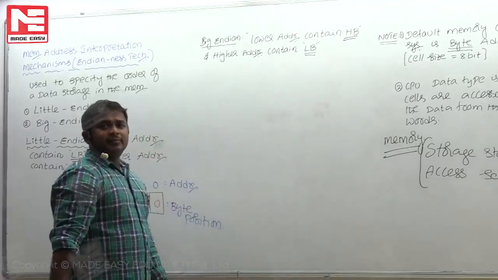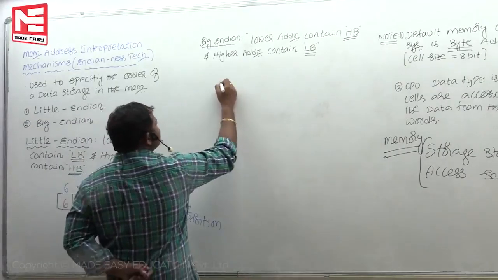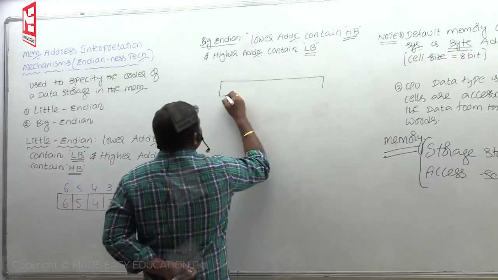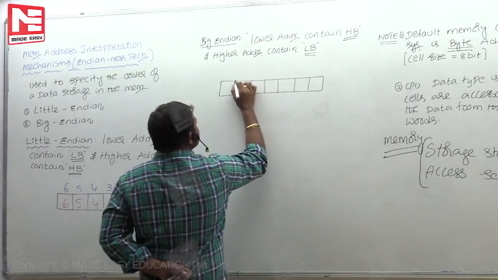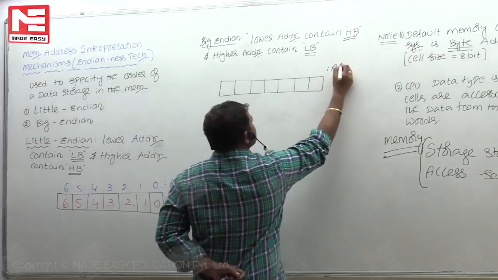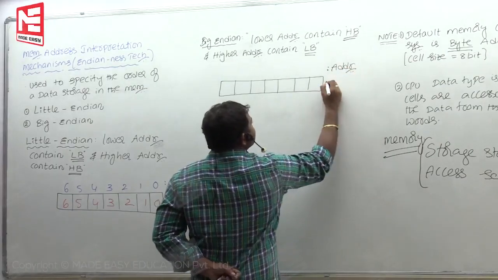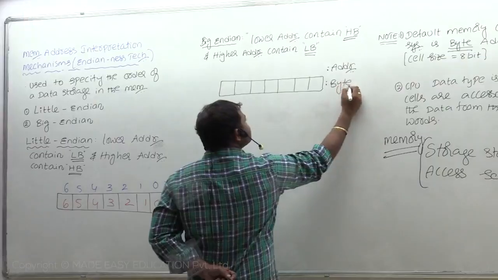Lower address contains higher byte and higher address contains lower byte. Diagrammatically we can represent it like this: address and byte position.